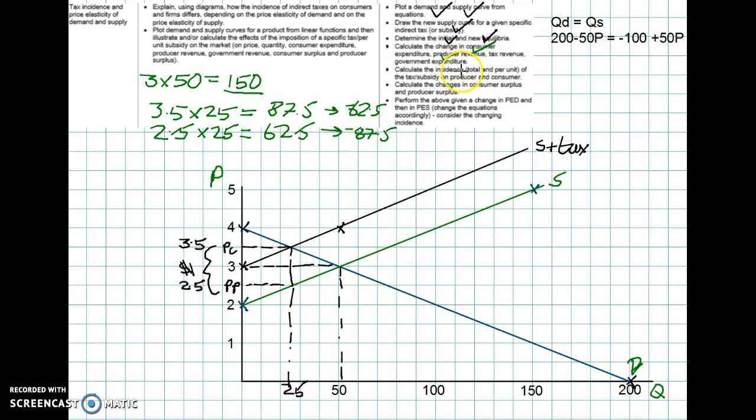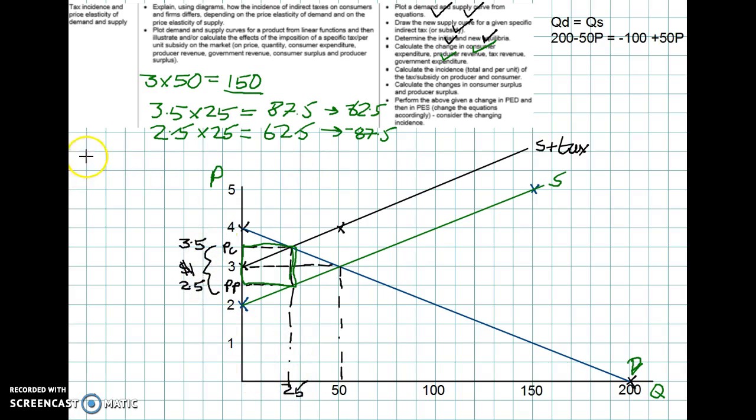So we can't do government expenditure because that's to do with subsidies. So the government aren't spending any money here, but they are getting tax revenue. So tax revenue is going to be this square here that I'm drawing in green. Okay, so not very accurately. So this square here, we just do height times by width. So the quantity times by the tax.